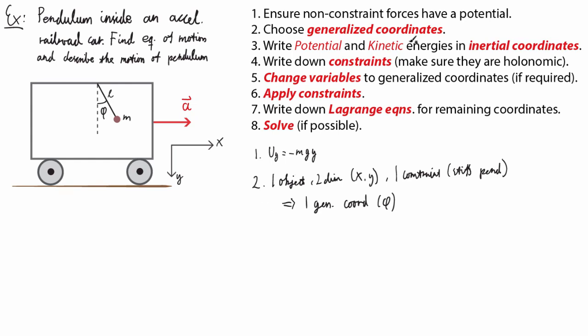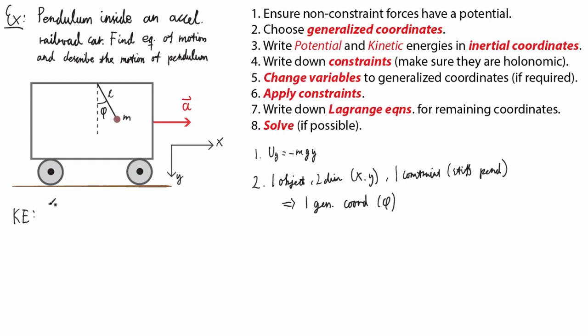Next, we should write down the potential and kinetic energies, and again, in inertial coordinates. Now, the railroad car is accelerating. Because of that, phi is not in an inertial reference frame, so I would not attempt to write down the kinetic energy using phi. So I'm going to just use x and y and then make the change of variables.